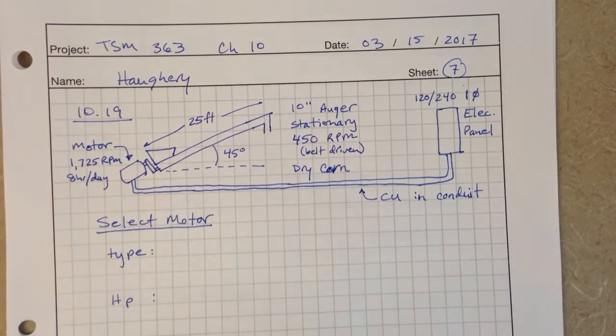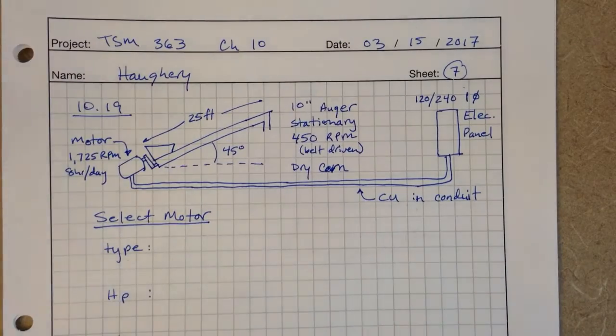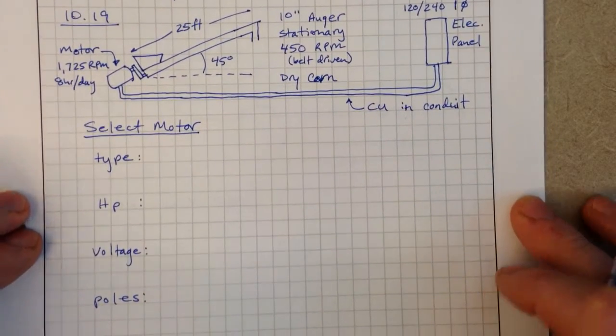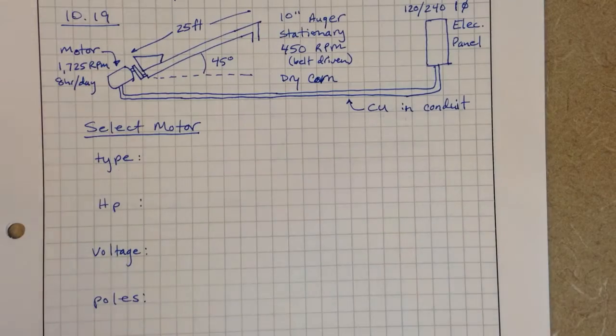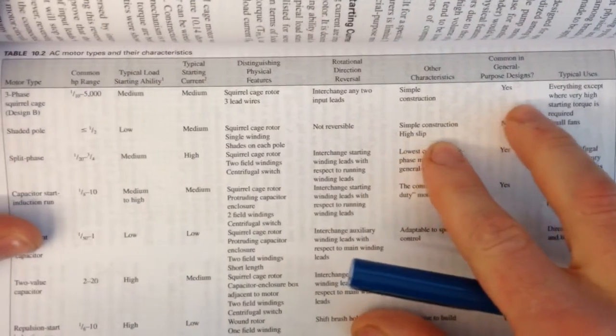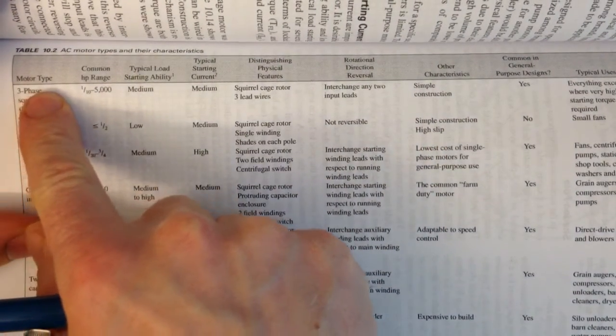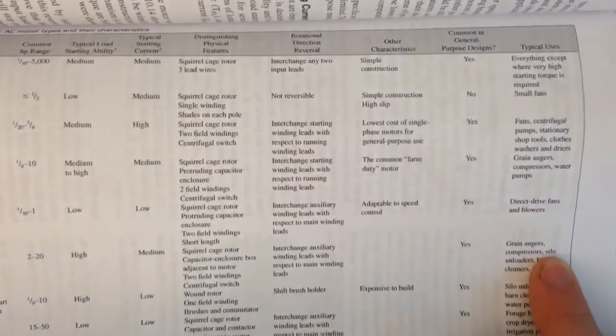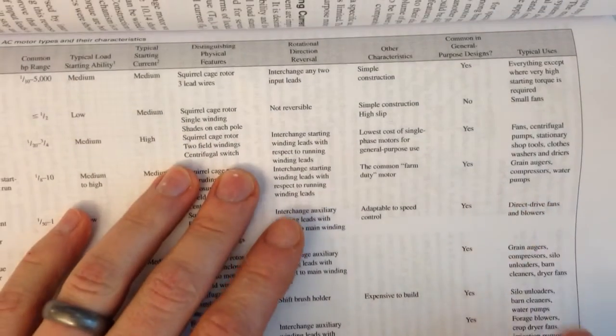So let's start looking through the different things we need to look at when we start selecting a motor. First thing is, what type of motor? What kind of motor do we want to use to run this application? If we look at table 10.2 in our text, this table is very helpful in identifying roughly the motor types and then typical usage. If we scroll down the usage here, we have two different motors that are used typically for augers.